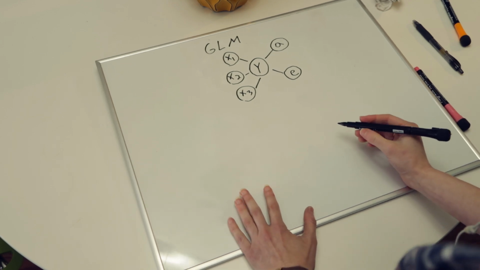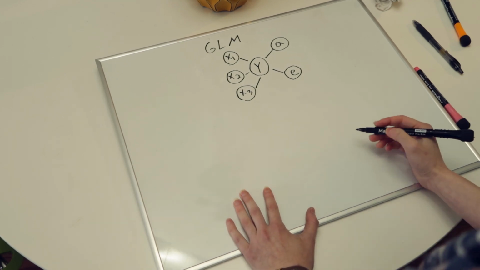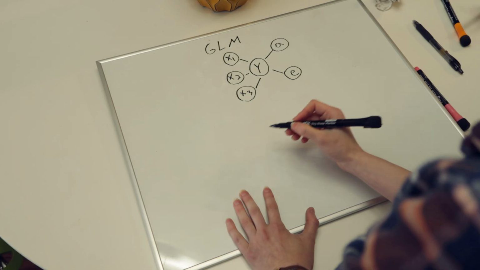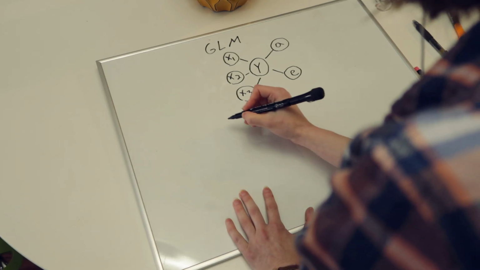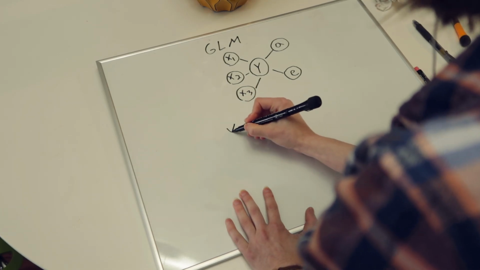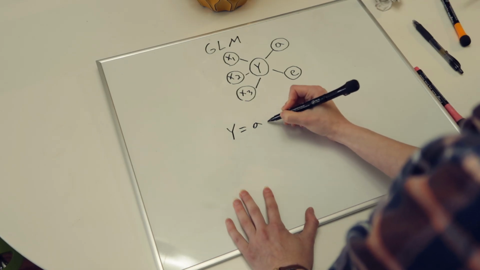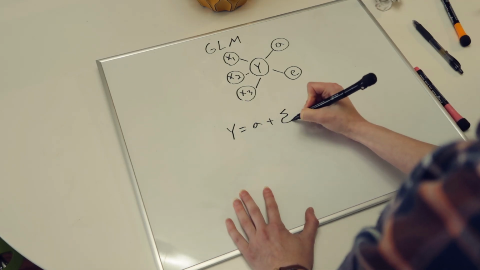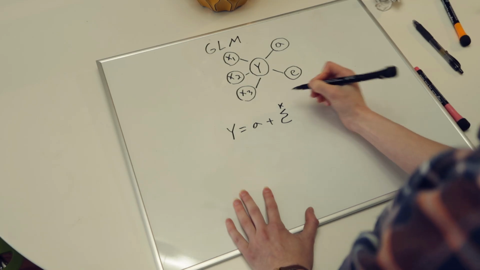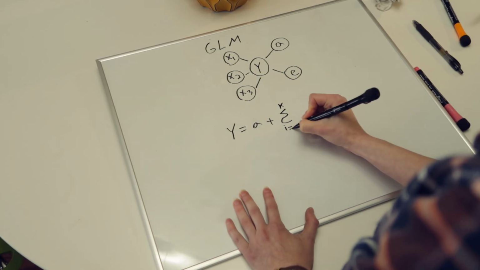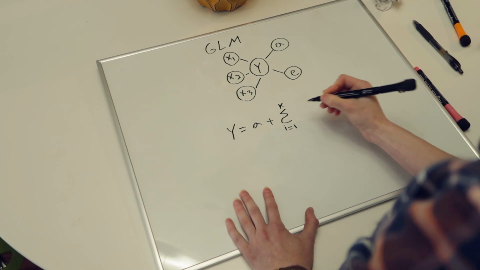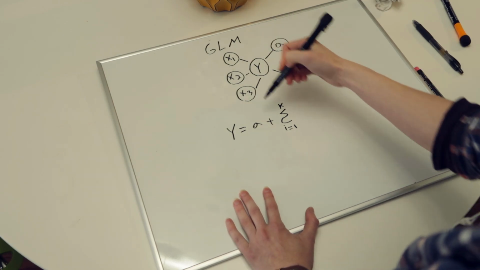Algebraically, that looks like this. So we've got y is equal to the intercept plus the sum of our x variables.